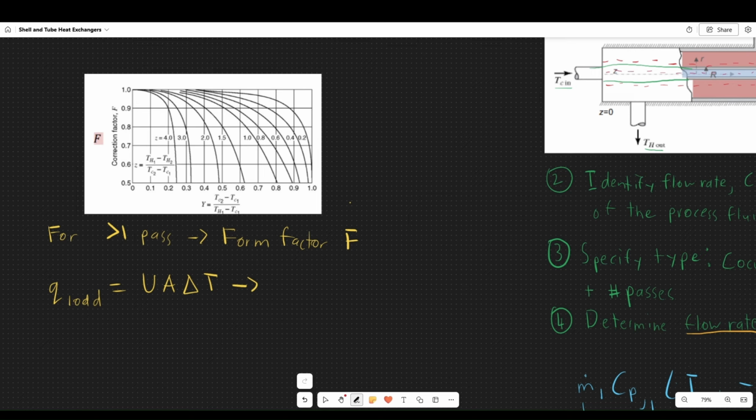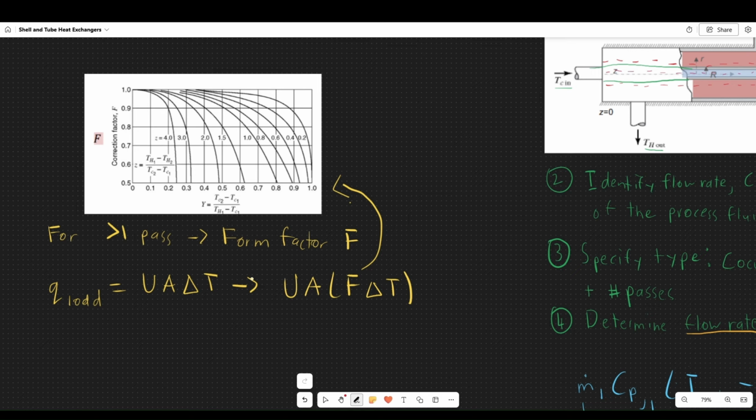But now that we have multiple passes, it turns into UA times F delta T. And the way you calculate this F comes from this graph. So you'll see that we have some parameter y on the x-axis. That's calculated by this ratio of the starting temperatures and the ending temperatures of the process and utility streams. And then we have another parameter called z, which has some sort of combination of, again, the temperatures at either end for each stream.